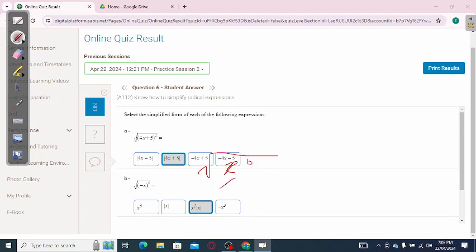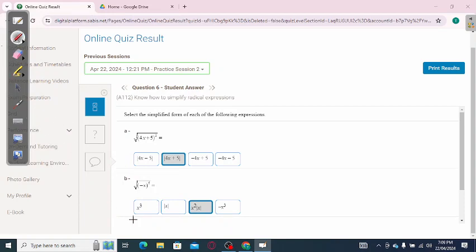Now, once you take things out of the radical, it would be the exponent over the index, and the index again in this case is 2, so this would be 6 over 2, which is x cubed. Now, you can write it as x cubed in absolute values, or you can write it the way they did, which is x squared times x in absolute value.